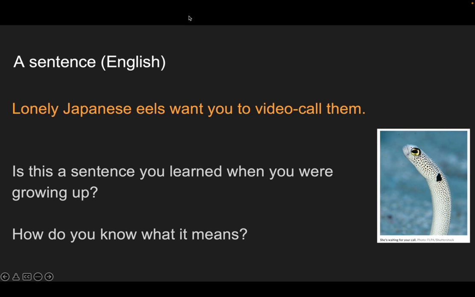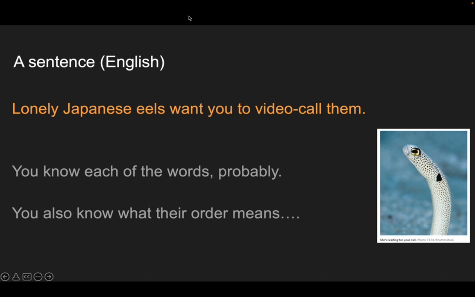And how do you do that? Well, we think you can understand sentences because you've learned the relevant words and morphemes, and you also know something about how to interpret their arrangement or their order. So let's look at that in this particular sentence.